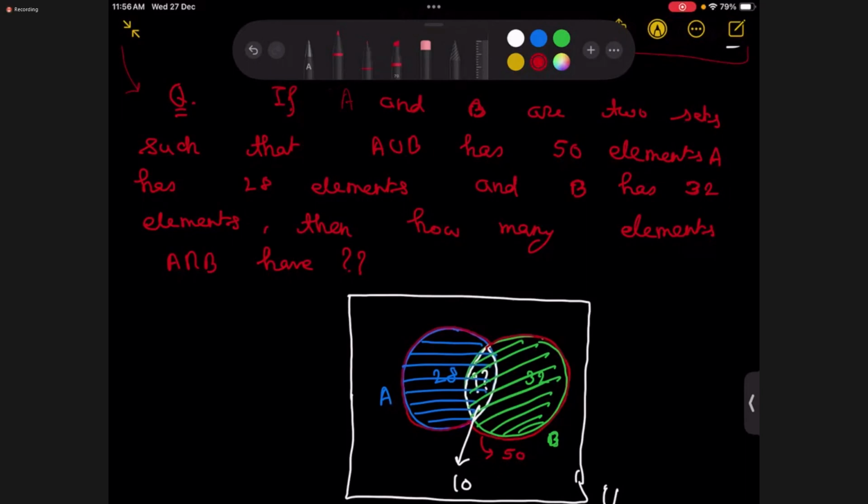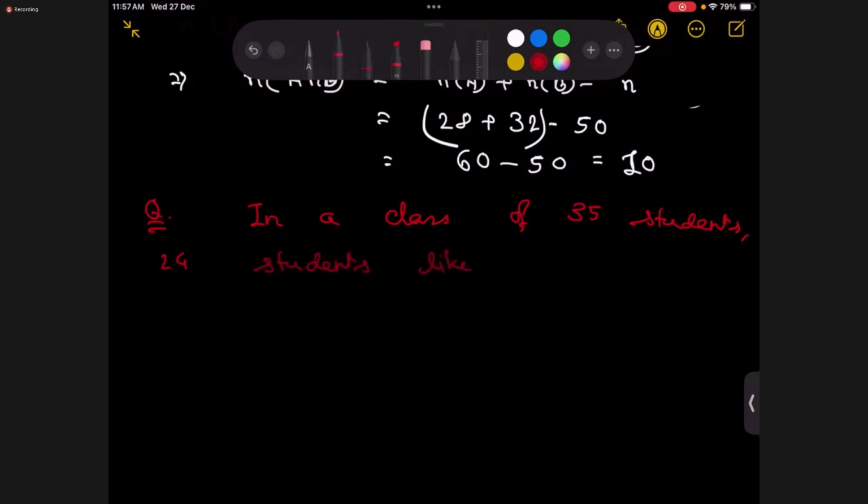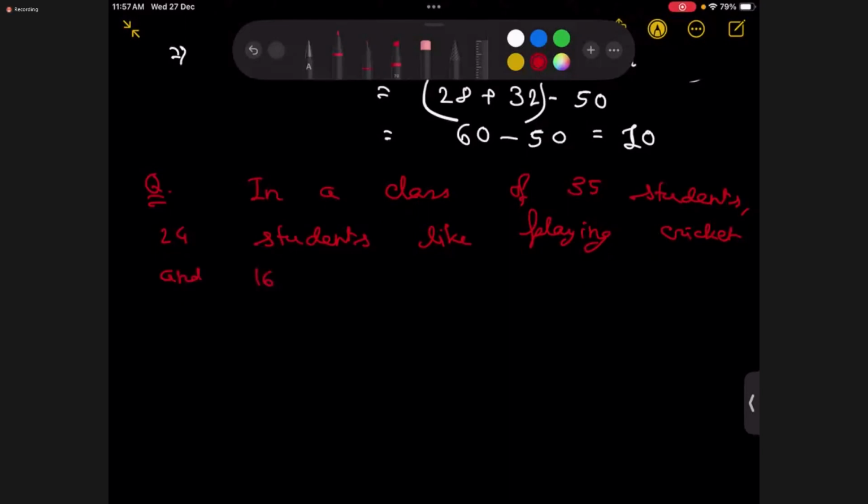So let us discuss a real life example. The question is: in a class of 35 students, 24 students like playing cricket. 16 like to play football.